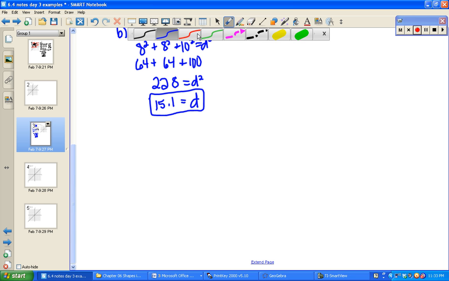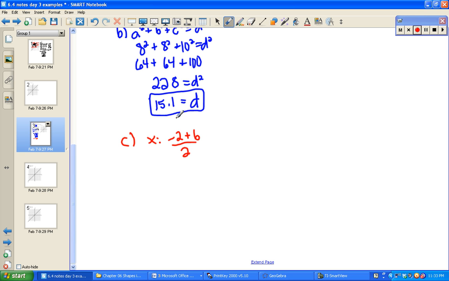I'll switch up colors here. So for the x, we do -2 plus 6 divided by 2. We're finding the average, and if we have two numbers and you have the average, you add them up and divide it by 2. So -2 plus 6, that's 4, divided by 2 is 2. So the x is going to be 2.